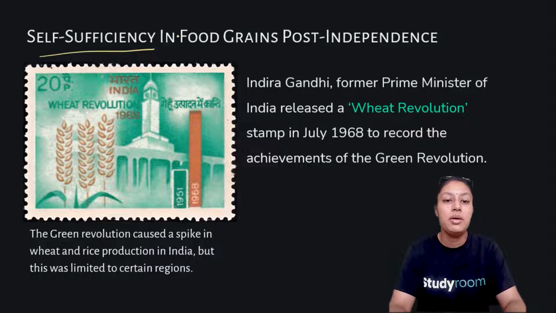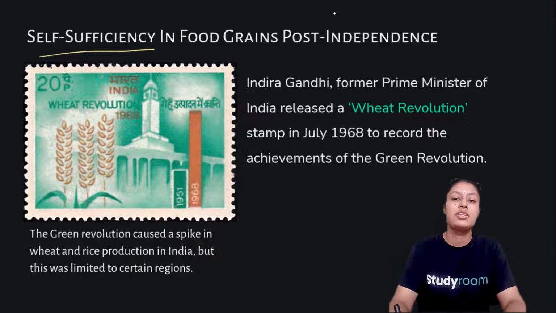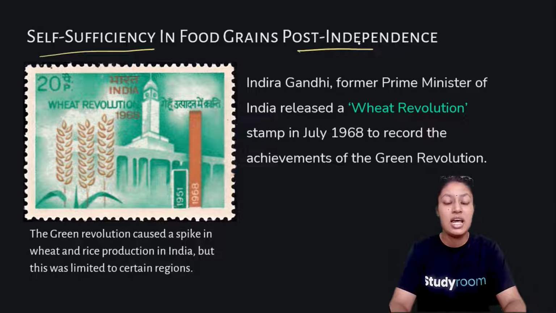But the very best thing that has happened with India after independence is that India has become self sufficient in food grains. It means we don't have to ask any other country for any kind of food supply. This was due to the revolutions that took place, the green revolution and the white revolution, because due to those revolutions our production increased.